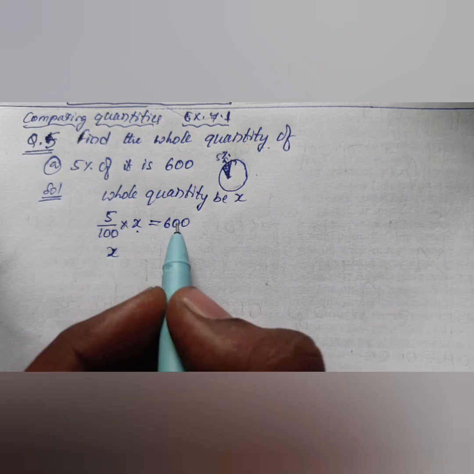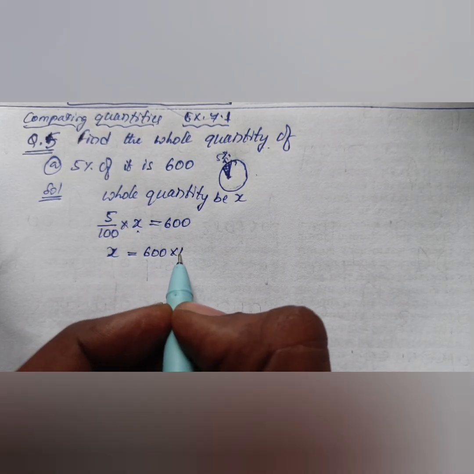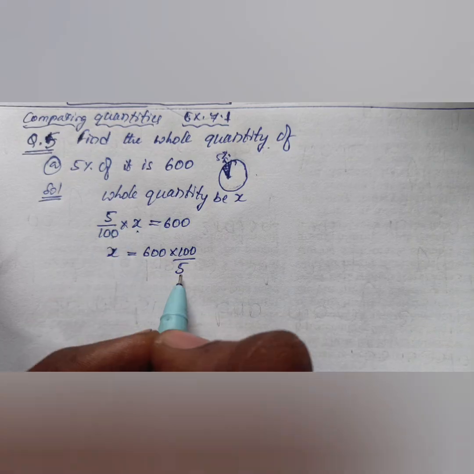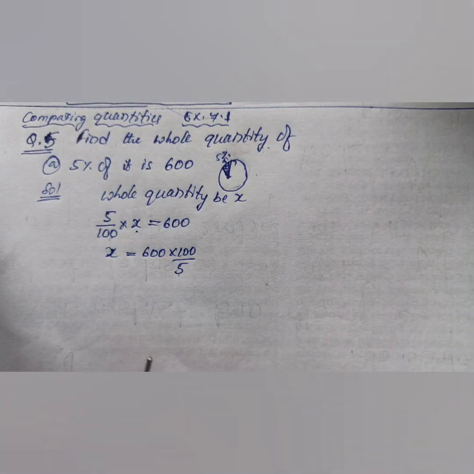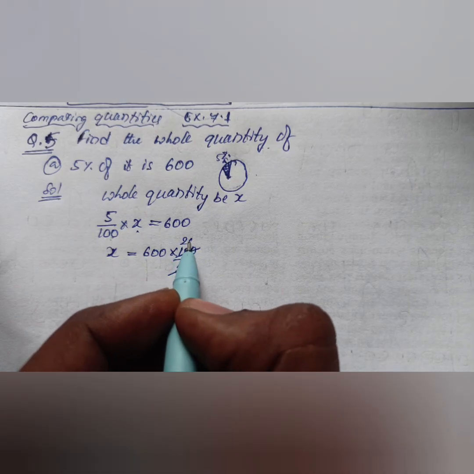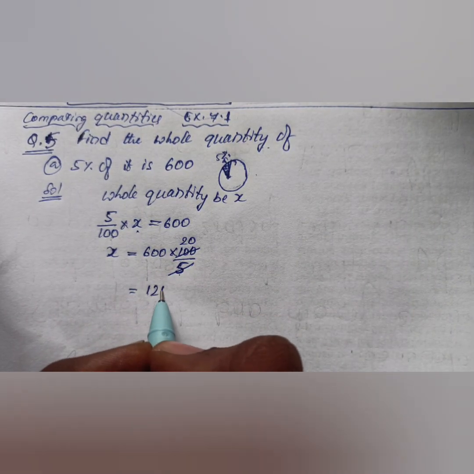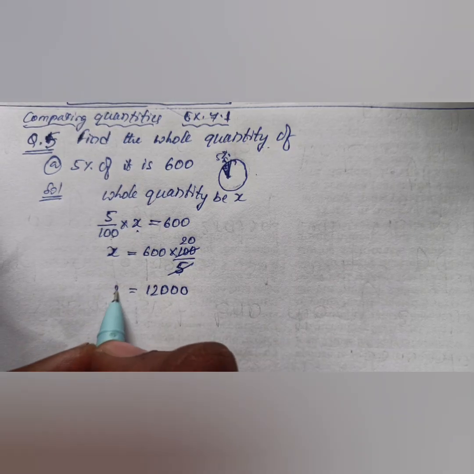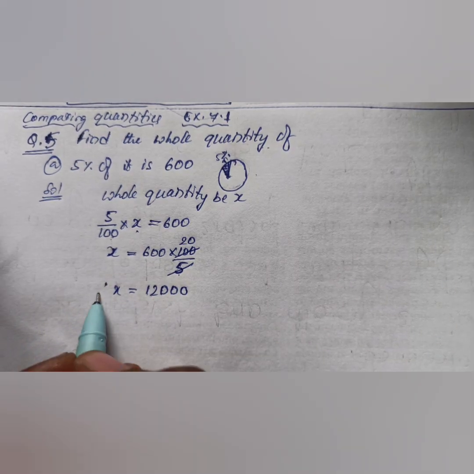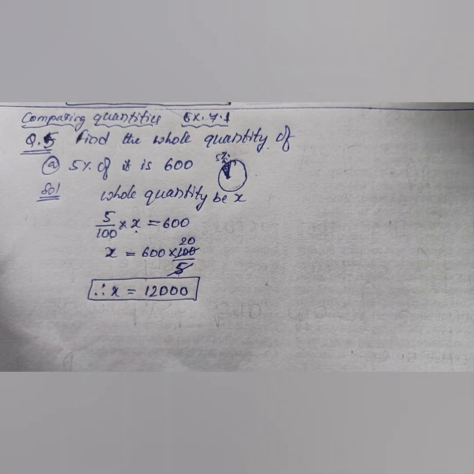If we send this 100 to this side, it will become 600 into 100 divided by 5. This 5 will come here and this will go to the numerator. So 5 ones are 5, 5 20s are 100, 600 into 20, so x is equal to 12,000. The whole quantity is 12,000.